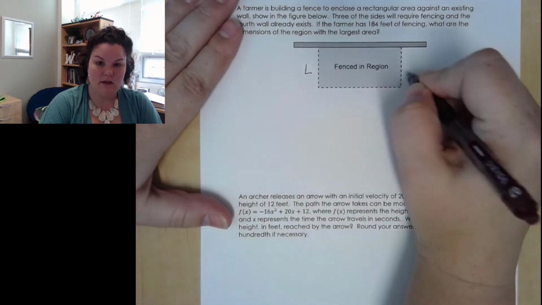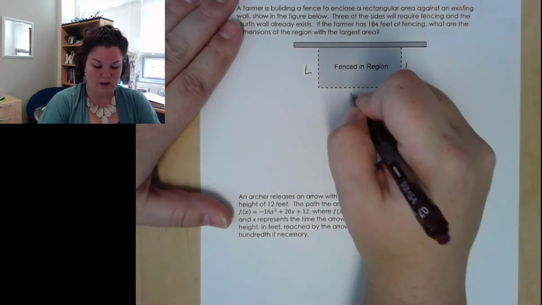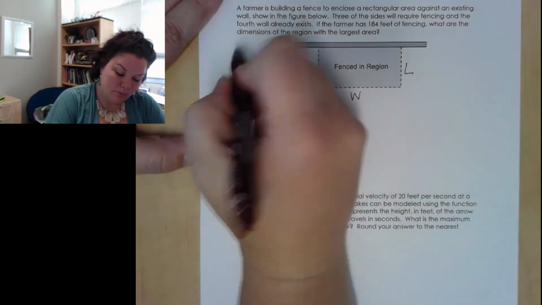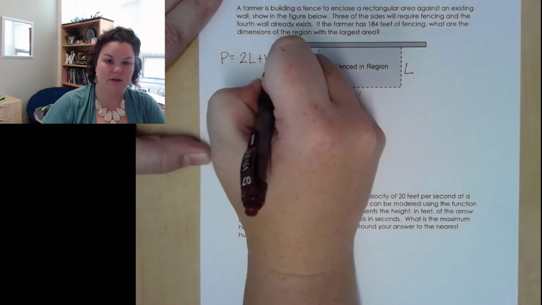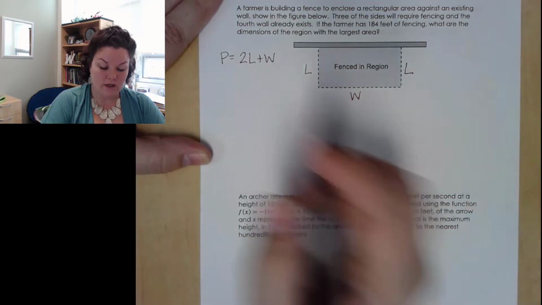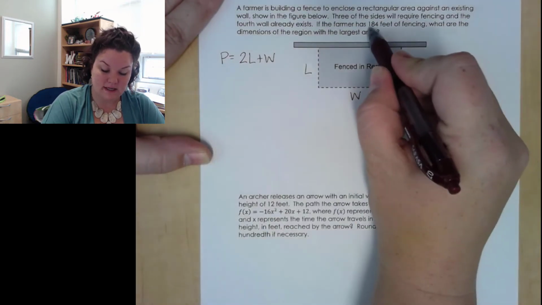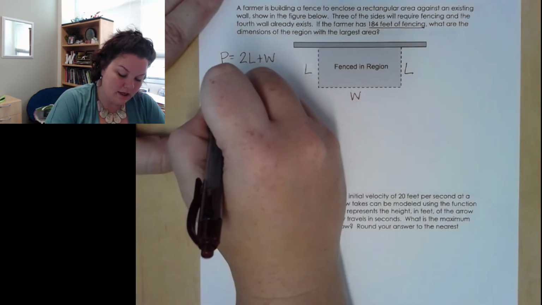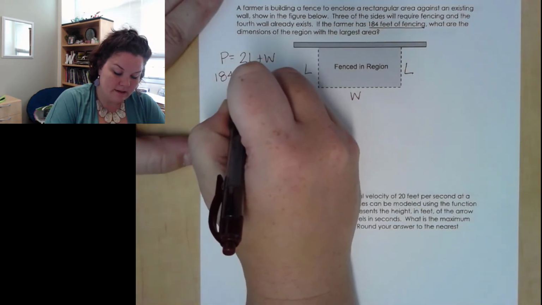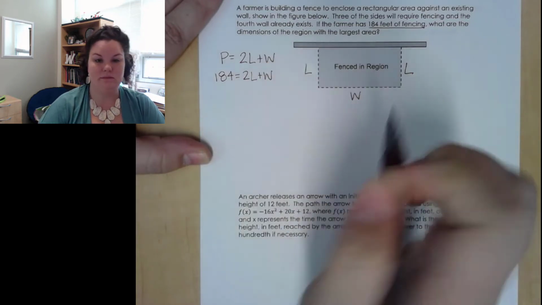So here's a length, and here's a width. So this time, our perimeter formula is going to look like 2L plus W. And we already know the perimeter because it tells us he has 184 feet of fencing. So that means our perimeter is 184, and this is equal to 2L plus 2W.